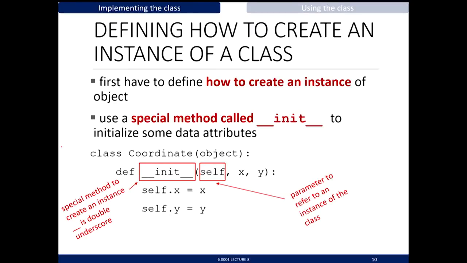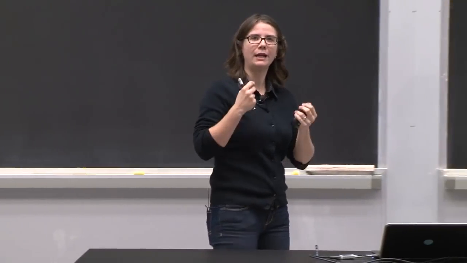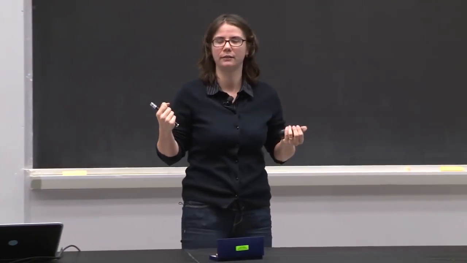The self is going to be a parameter, when you define this class, that represents a particular instance of the class. Okay? So we're defining this coordinate object in a general way. We don't have a specific instance yet because we haven't created an object yet.